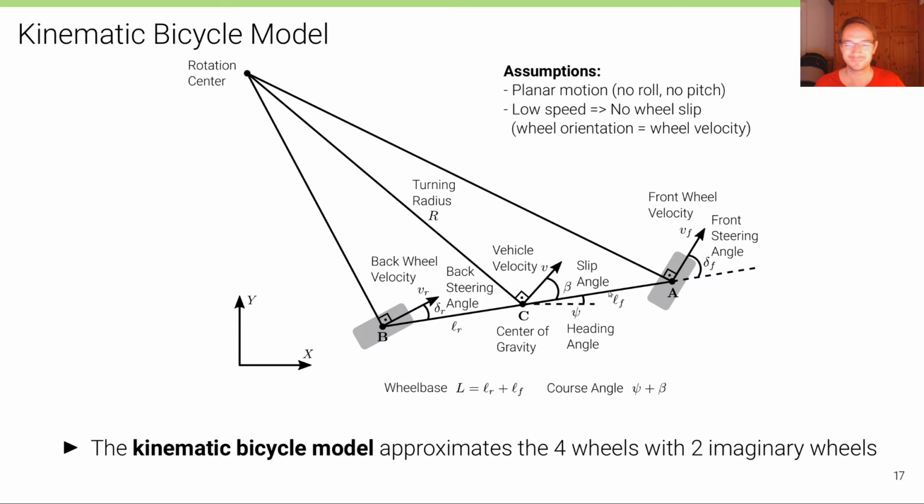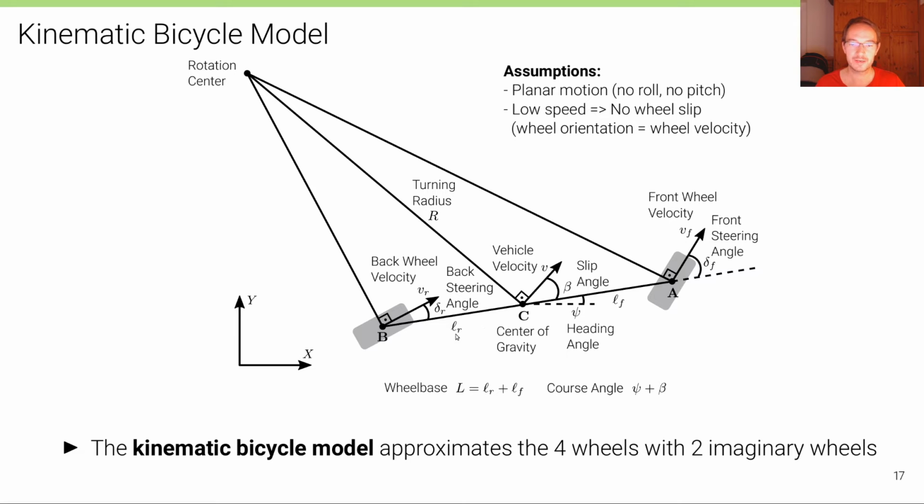What else do we have? Well, we have actually the orientation of the front and the back wheel, and that's called the front steering angle and the back steering angle, delta F and delta R. And those two steering angles are measured with respect to the orientation of the vehicle, as you see here. So we have this vector delta R and this vector delta F, which measures the orientation of the front wheel velocity vector, or alternatively the wheel orientation with respect to the vehicle orientation.